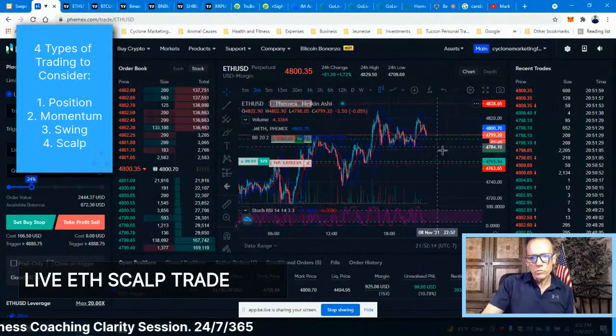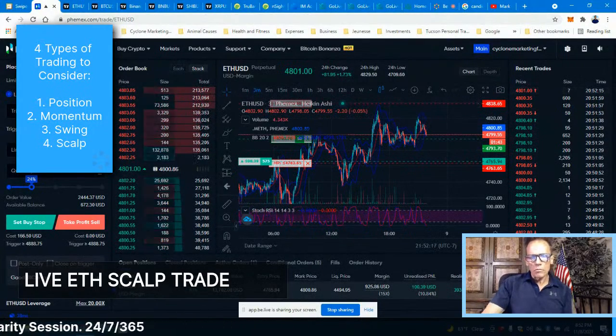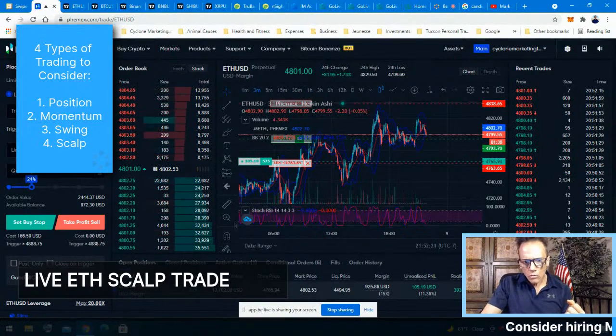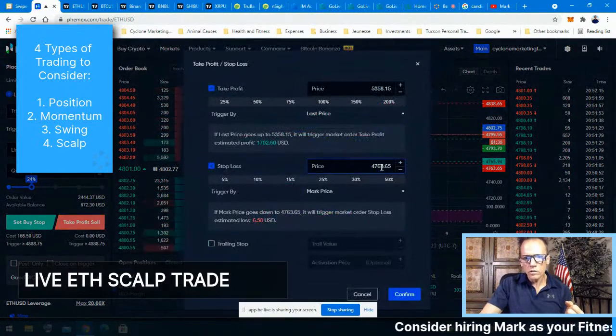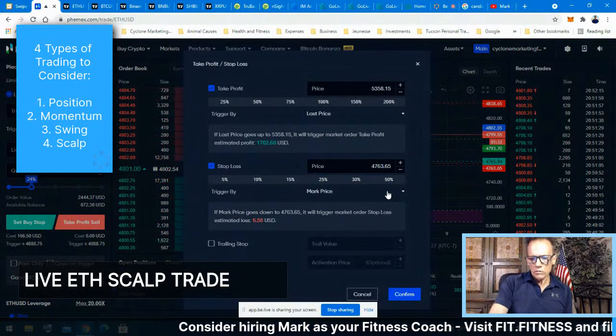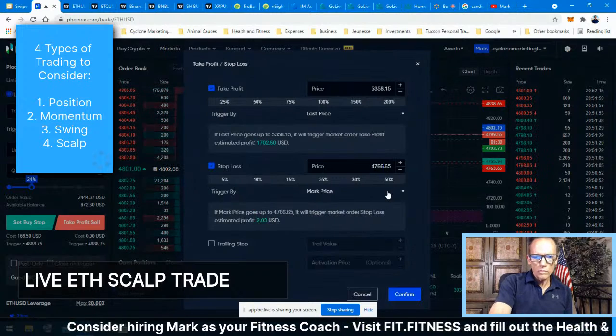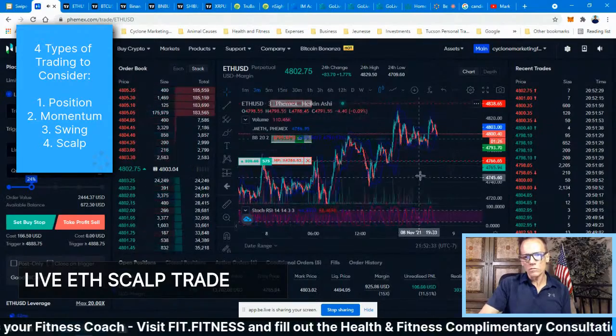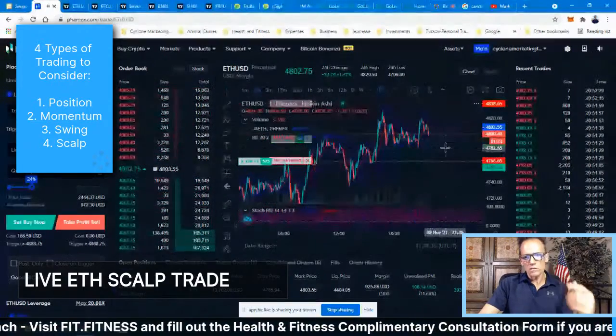I'm taking profits where I can. I have my stop loss currently set just around my entry. I don't want to lose anything on this trade, but I don't want to miss out too. Sometimes the price can scoop down, hit your stop loss, and then continue back on up.